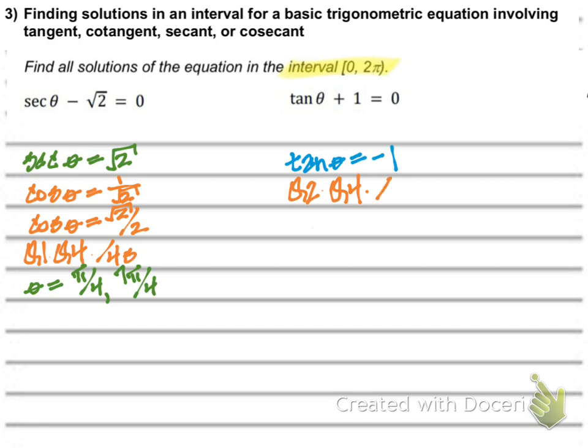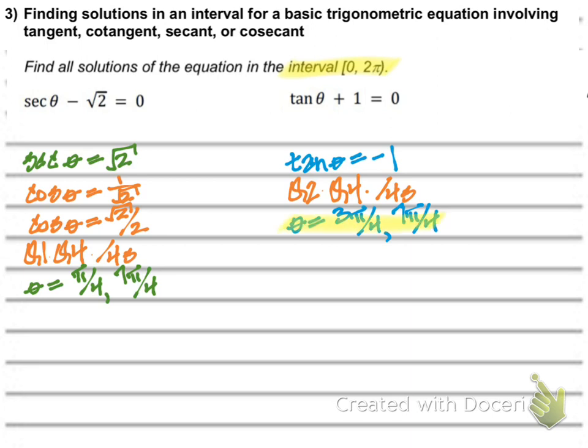And so that's my family of over 4s. So my over 4 in quadrant 2 is 3 pi over 4. And my over 4 in quadrant 4 is 7 pi over 4. Okay? Getting it? So we put those in as the solution.